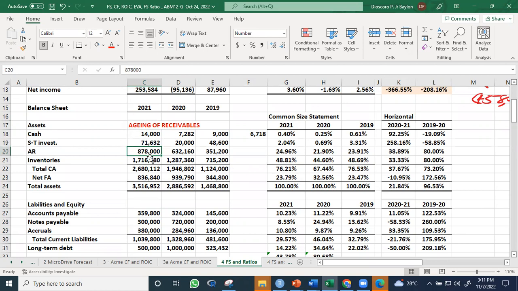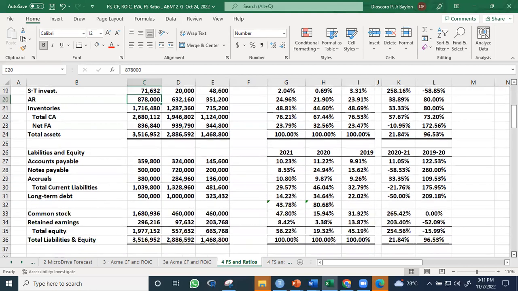That could tell us something about the collections department of the company. Maybe it's not doing its job well. Maybe it has a weak collection department, so that many of the accounts remain uncollected. These are things that should be addressed in the analysis.